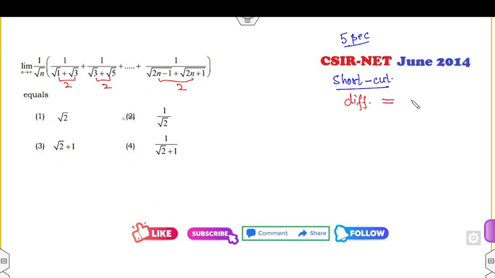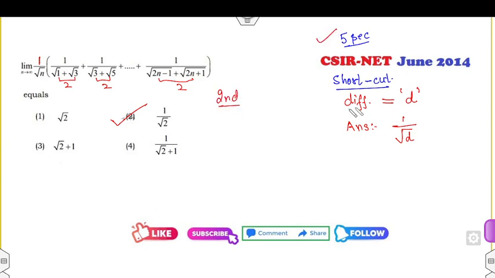So that means if I say my difference is D, then the answer of such kind of problem is always 1 over root D. Make sure it must be 1 over this quantity and 1 over root n. So the answer of this problem is 1 by root 2. And you can see within 5 seconds you can solve the problem.